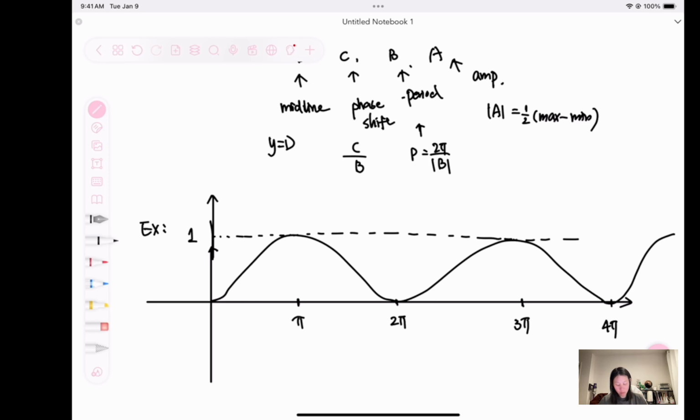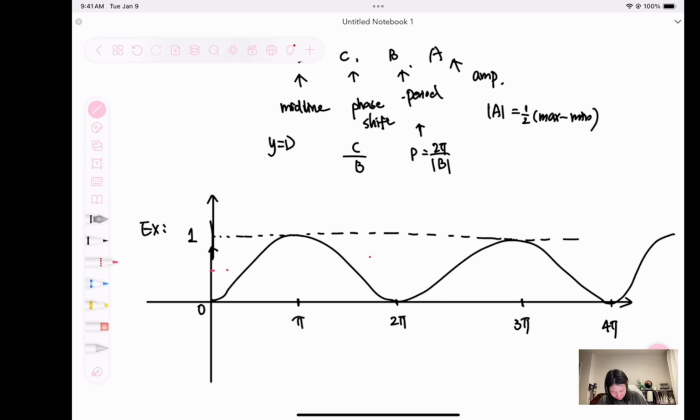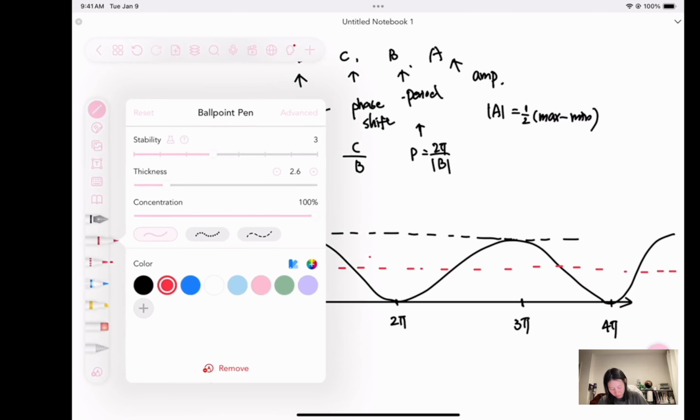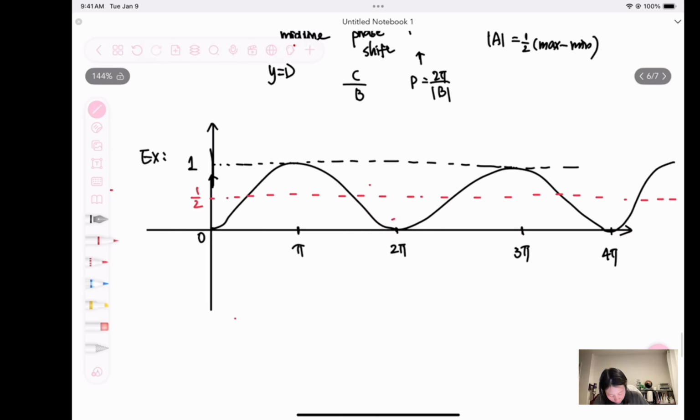The lowest point is 0, the highest point is 1, so the midline is going to be here, which is 1/2. So the midline is y equals 1/2, which means the letter D is equal to 1/2.